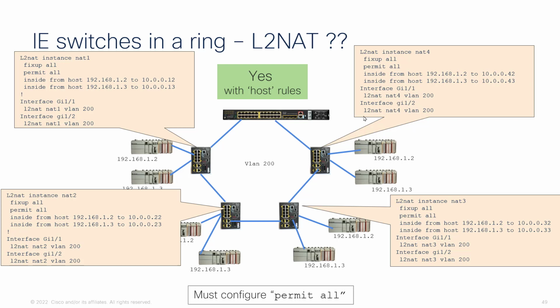This is showing how you could do it with a ring of 5 here, in which you're going to do layer 2 NAT on 4 of them. The trick here is you actually have to have a rule for every host, and you have to have permit all. And of course, every rule has to have the public IP address be unique, and you can sort of see some examples of it there.